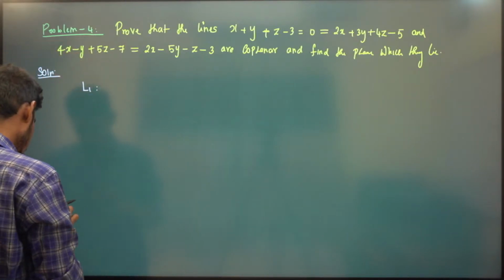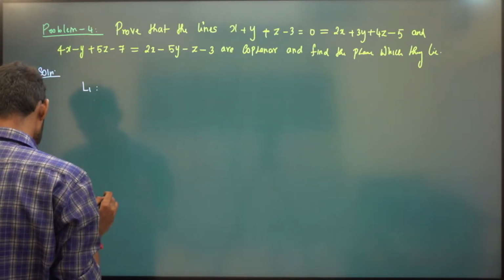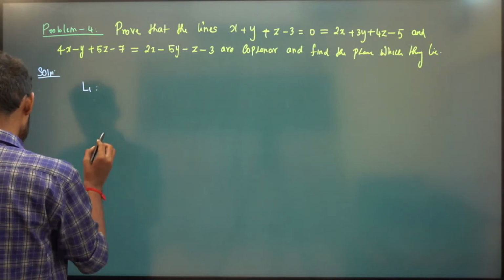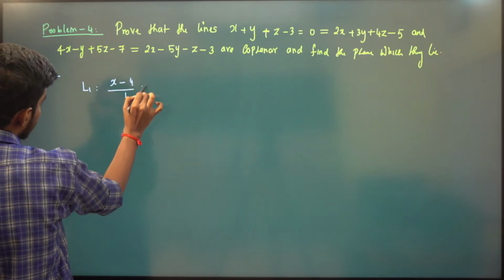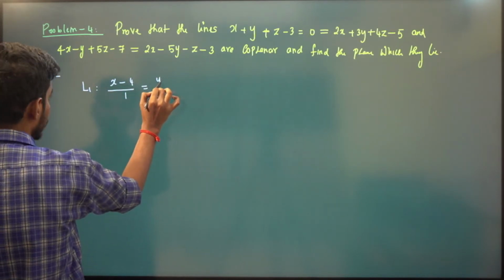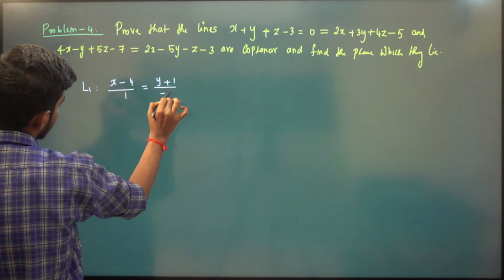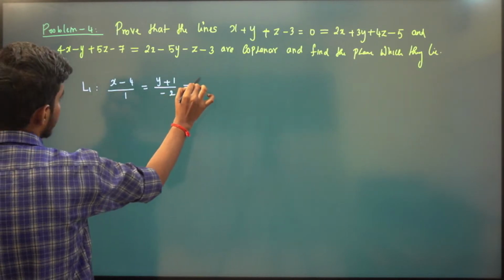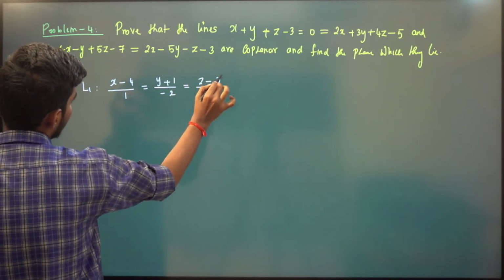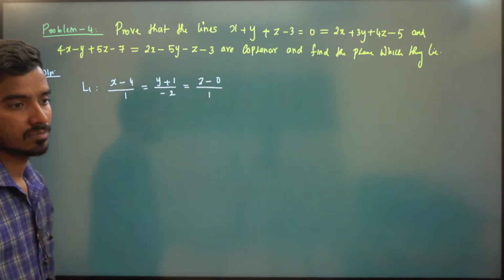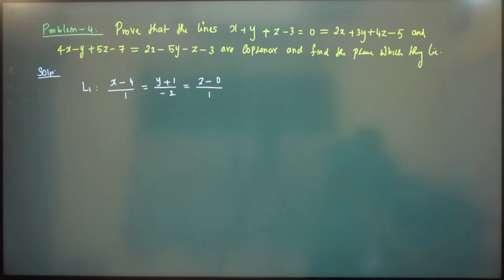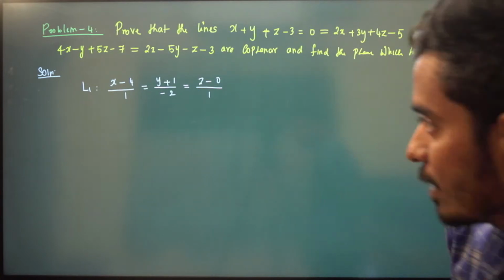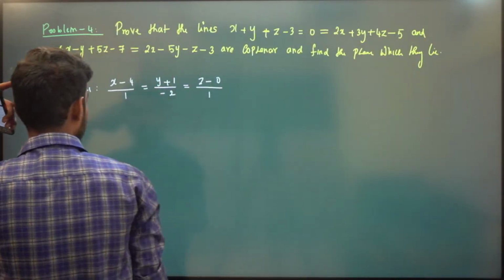So the symmetrical form for L1 is given by (x minus 4) by 1, (y plus 1) divided by minus 2, z. Here they have put z is equal to 0 and solved for x, y to get 4 and minus 1 as the answer.